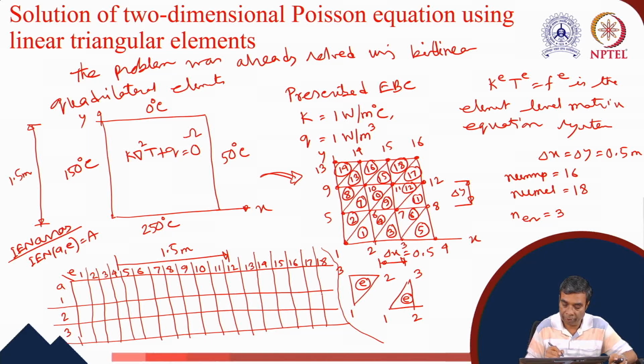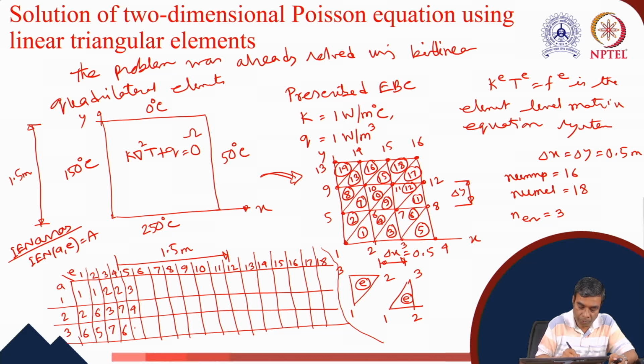For the first element, our global node numbers are 1, 2, and 6. For the second element, these are 1, 6, and 5. For the third element, we have 2, 3, and 7. For the fourth element, we have 2, 7, and 6. For the fifth element, we have 3, 4, and 8.